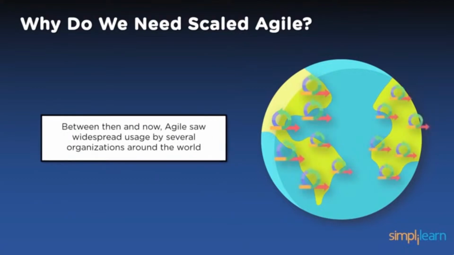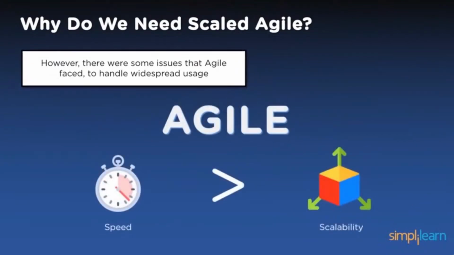Now, between the time when it was introduced till today, Agile has become popular and its adoption has increased, the reason being the flexibility that Agile brought into the system. So several organizations across the world started using it. But what happened further? Agile gave the result, but there was a challenge.